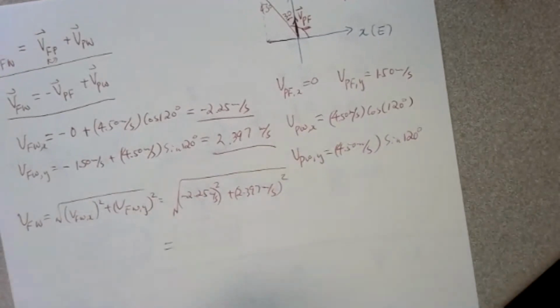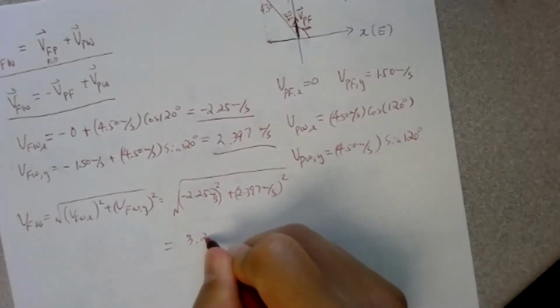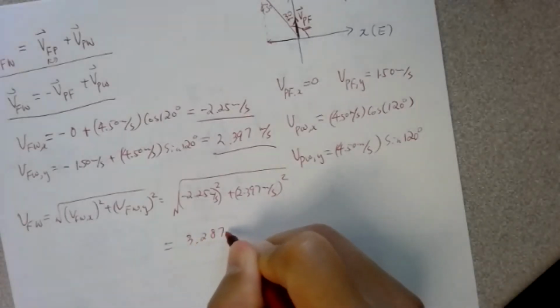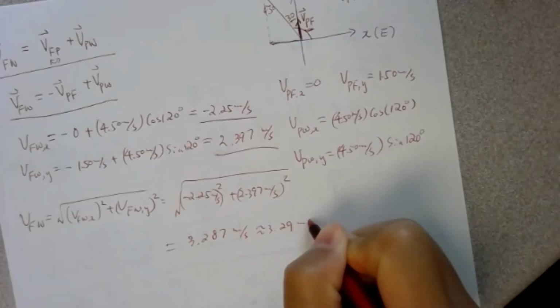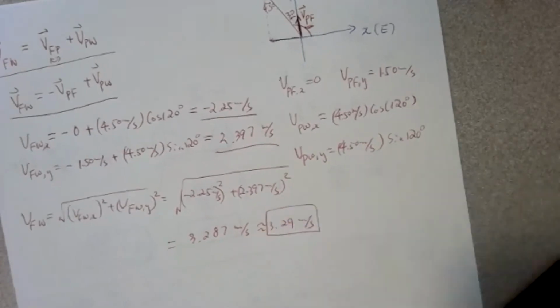Again, I think my original number was wrong, so let me just double check on this. 2.397 squared. Okay, so I get about 3.287 meters per second, or 3.29 meters per second. Okay, so that's my magnitude.